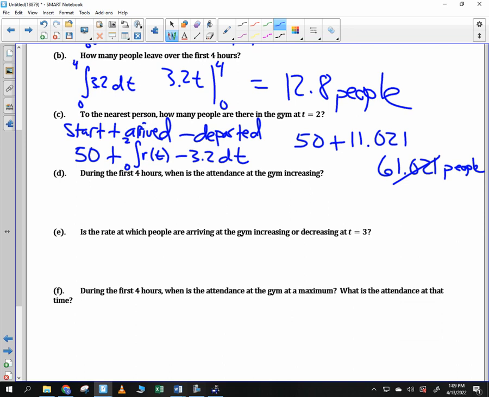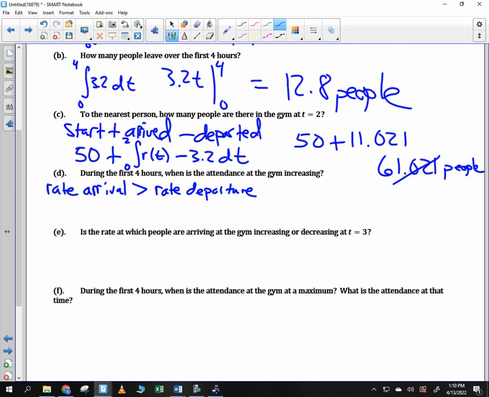How about this? When the rate of arrival is greater than the rate of departure. That's when the attendance would be going up, right? Is everybody good with that? Does that make sense? See how I just came up with an expression to try to think about the problem.